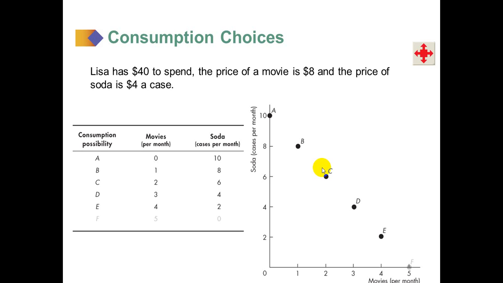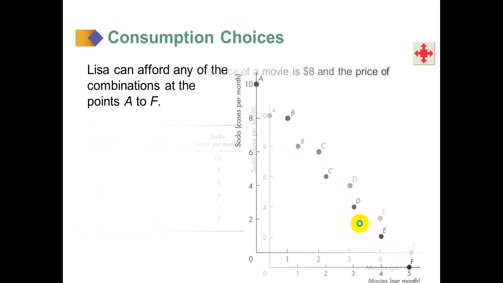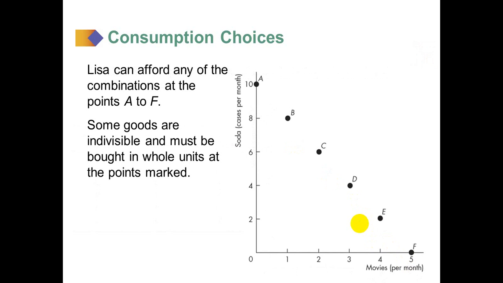So the budget line is the line from A, B, C, D, E, F. Any point above the budget line, Lisa couldn't buy. So Lisa can afford any of the combinations at the points A to F.